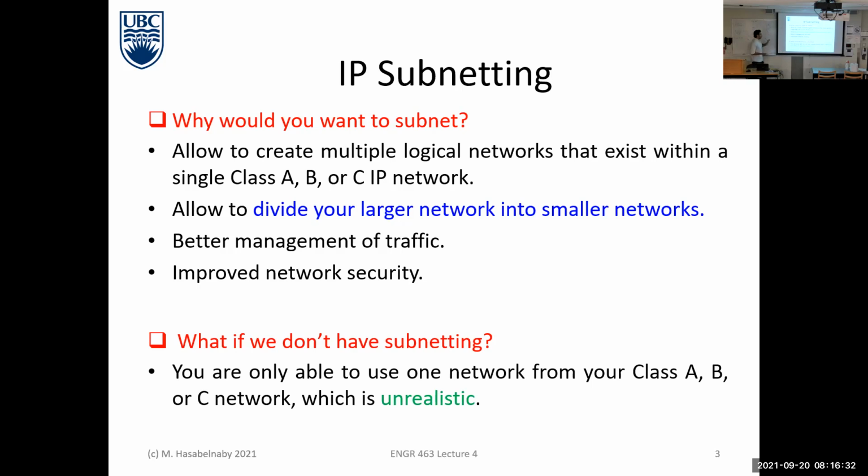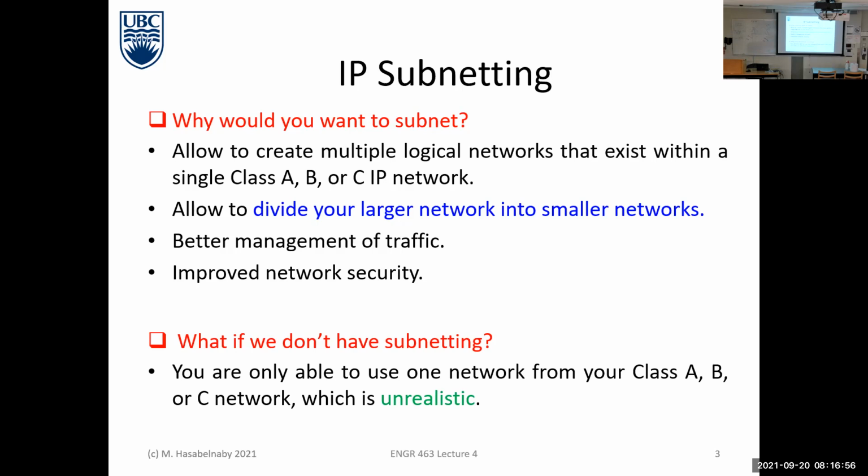We are only able to use one network from your class A, B or C network IP range, which is unrealistic. So in our case here, in order to design this network, we will have two IP ranges from class C. So we are wasting IP addresses and we are wasting our resources.